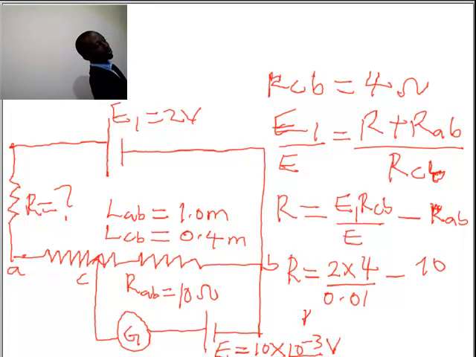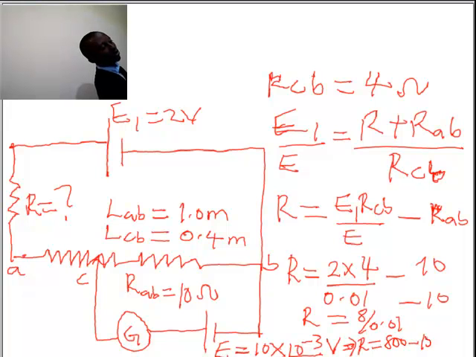Therefore, R equals 8 divided by 0.01 minus 10. This implies that R equals 800 minus 10 ohms, which is 790 ohms. That is option A, the correct answer.